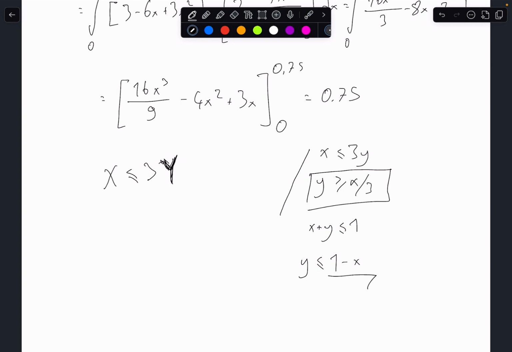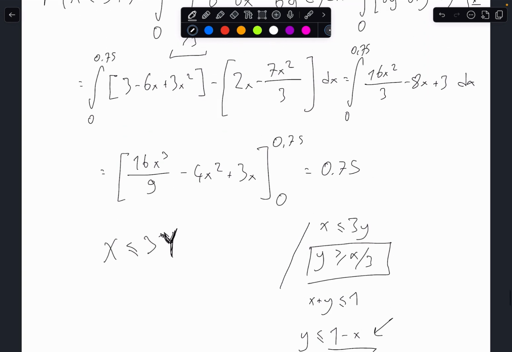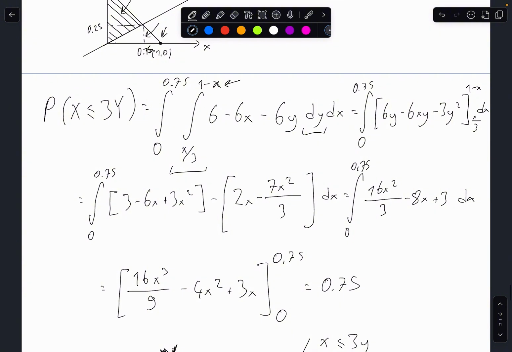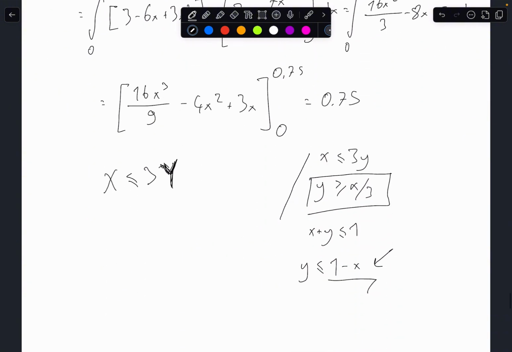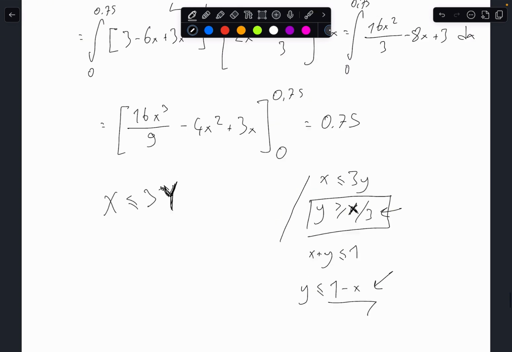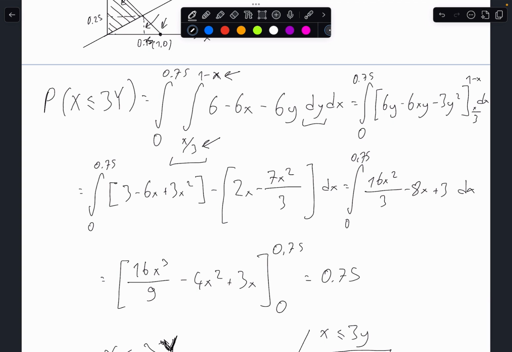So our upper bound must be this one, as you can see in here, and our lower bound must be this. The bounds for x are actually straightforward, so we already know x cannot pass 0.75, but it can start from 0, and then we just need to calculate this integral.